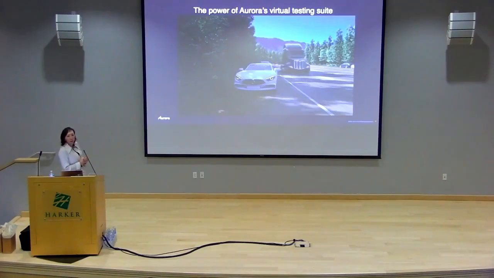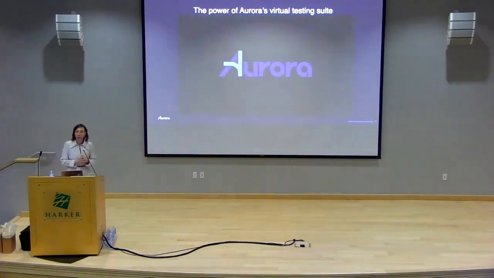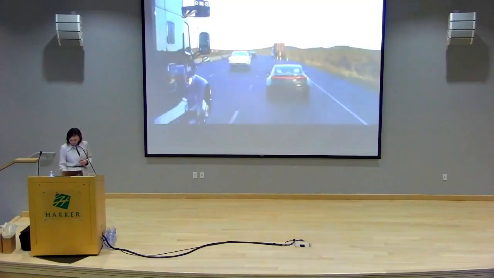This is not something you want to test on a real road. And this is also something you don't run into on a real road all the time. So through simulation, we're able to expand the power of our test suite so that we can think about all these different and challenging circumstances that don't happen normally.